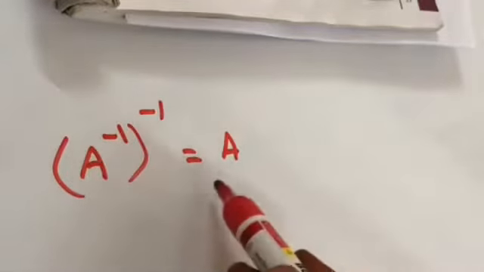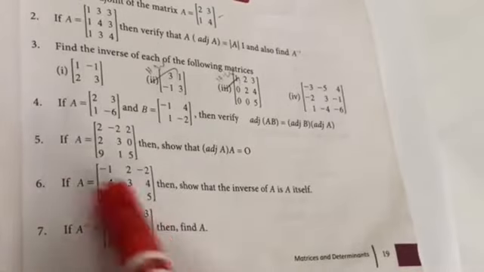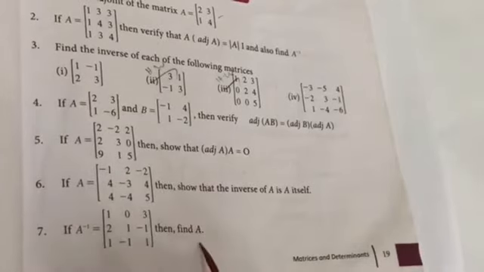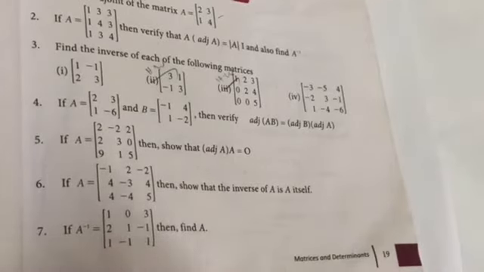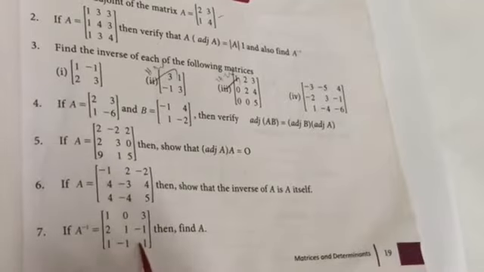We have a result: the inverse of A inverse is equal to A. The same result we are using here. If you find the inverse of this inverse matrix, then you get A. You have to find the inverse of the matrix.